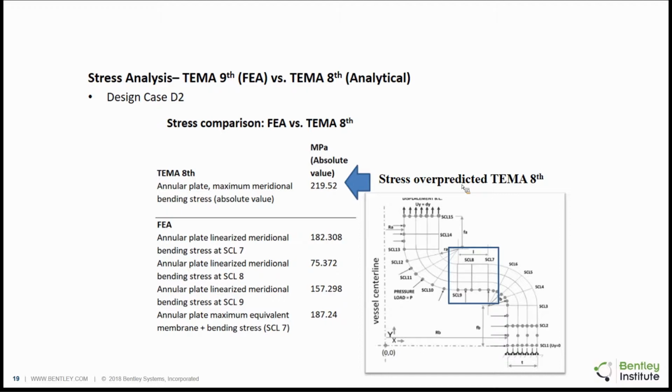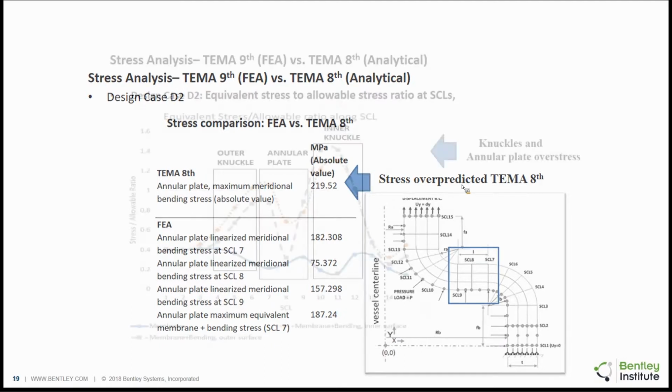And we could recover the annular plate linearized meridional bending stress at the stress classification lines 7, 8, and 9, and the annular plate maximum equivalent membrane plus bending stress at stress classification line 7. You see all these values are less than that in TEMA 9th. So the stress is over predicted for TEMA 8th clearly.